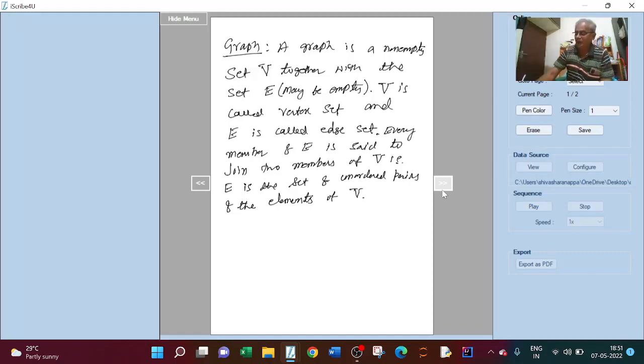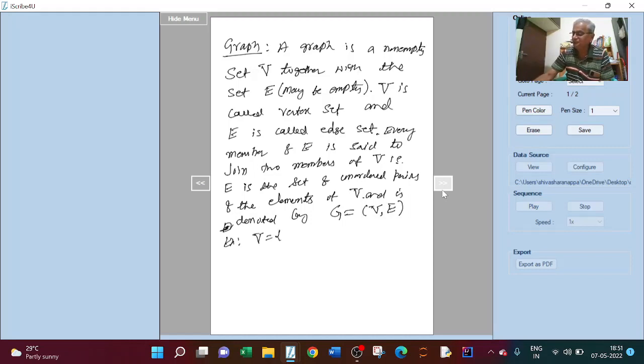The notation is like this, and it is denoted by G equal to (V, E), usually we write like this. V is the vertex set and E is the edge set. Let me consider an example.